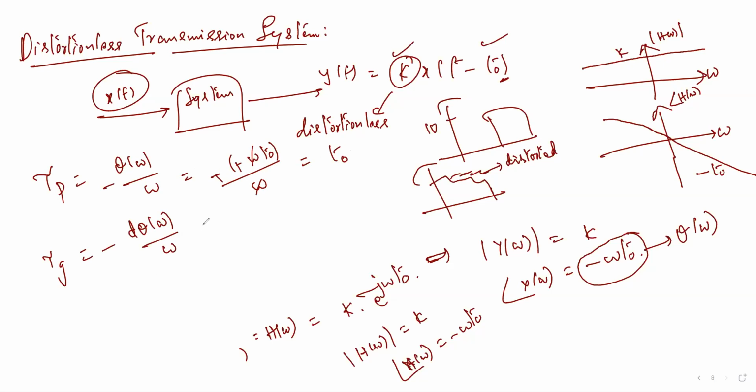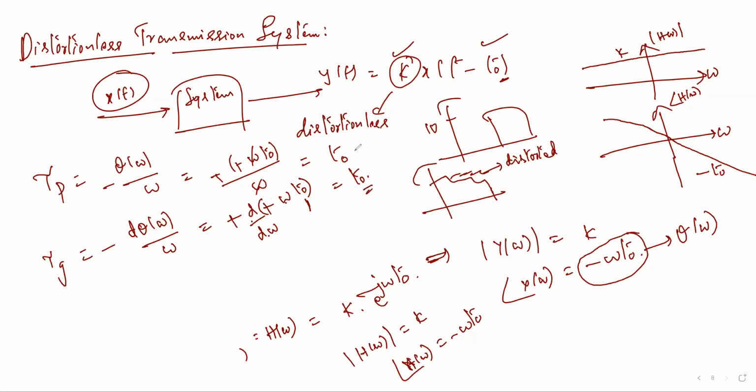Consider the group delay. Minus d theta of omega, that is minus omega t naught, d by d omega. What happens? T naught is constant. Here minus minus becomes plus, t naught goes outside, and d by d omega of omega is 1.